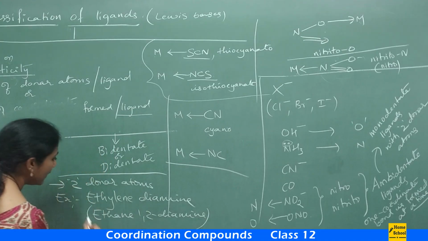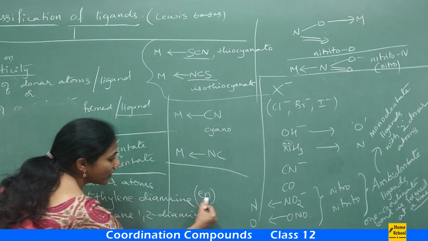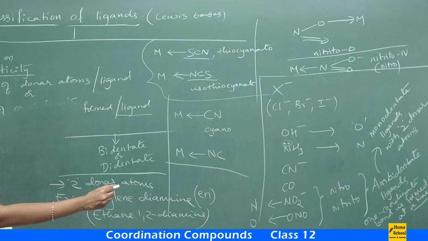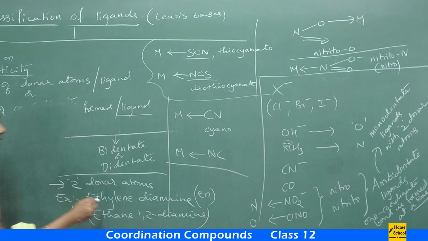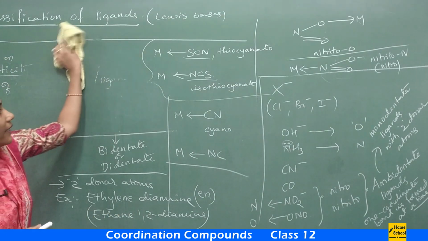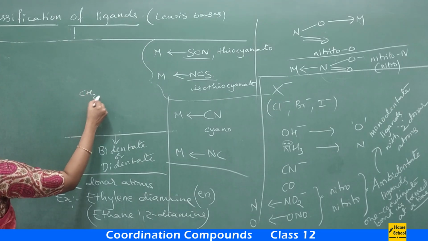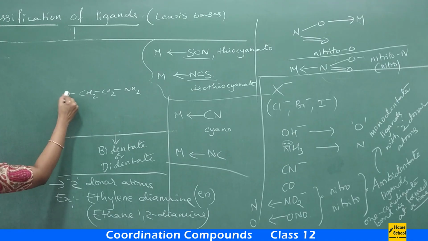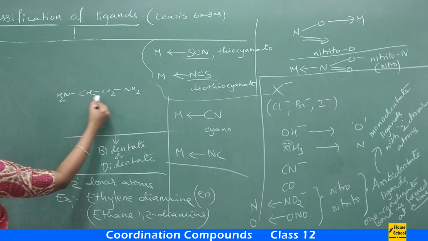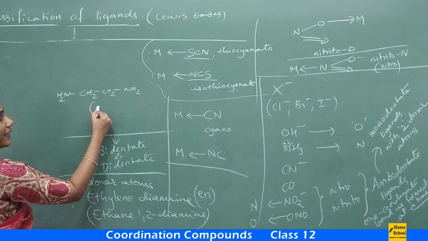It can be abbreviated as EN, that means ethylene diamine, ethane 1,2 diamine. Look at this structure, CH2 CH2 NH2 NH2. So this is what we mean by ethane 1,2 diamine or ethylene diamine.